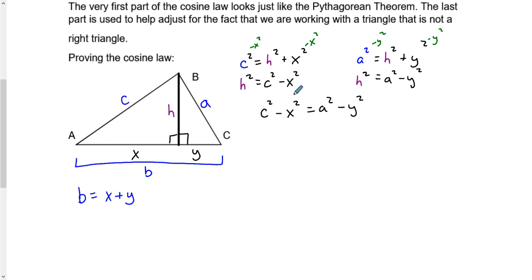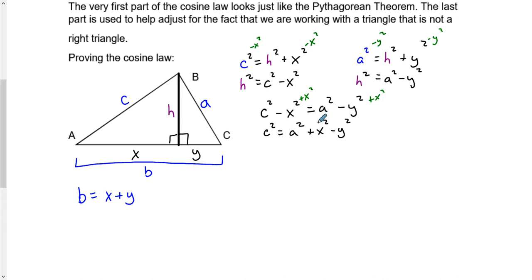We can do some manipulation. For example, we can then add our x squared over. I'm going to make a little bit of a rearrangement here. I'm just going to put my x squared in front of my y squared for alphabetical reasons. At the same time, it's going to deal with a few more things.